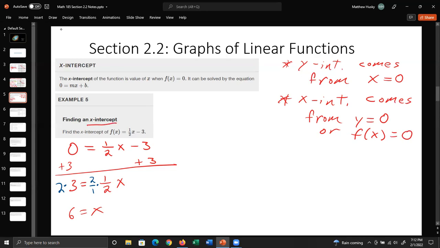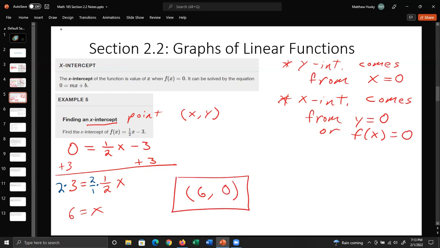Now, the x-intercept is a point, which means it is supposed to be coordinates x comma y. We have an x value. The y value that goes with it is just 0, because that's what we put in the first place to obtain the 6.